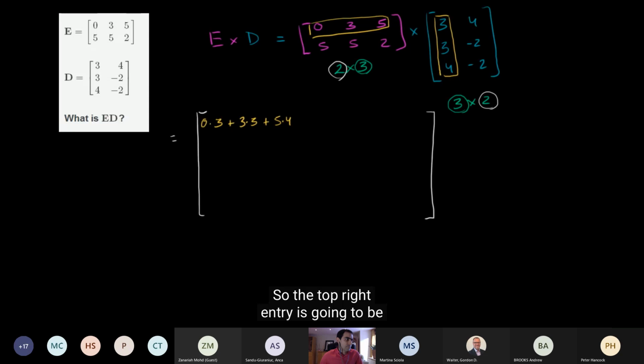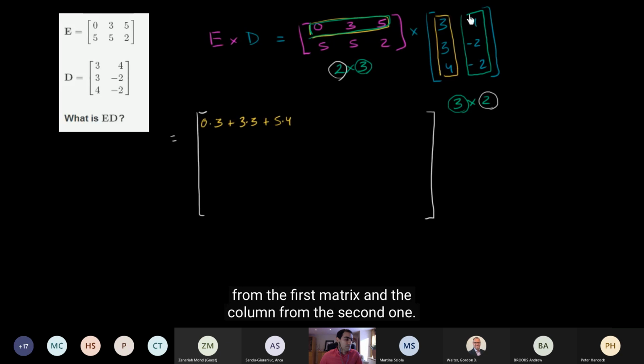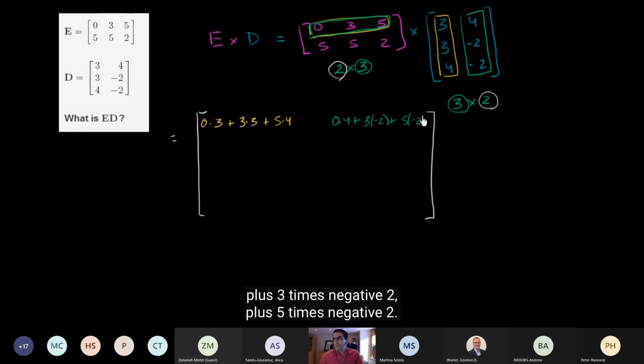So the top right entry is going to be this row times this column. Notice the entry is getting the row from the first matrix and the column from the second one. That's kind of determining its position. So once again, it's going to be 0 times 4, plus 3 times negative 2, plus 5 times 2, and we keep going.